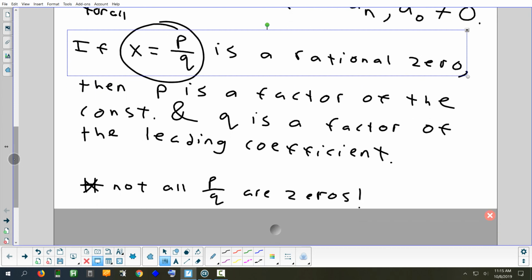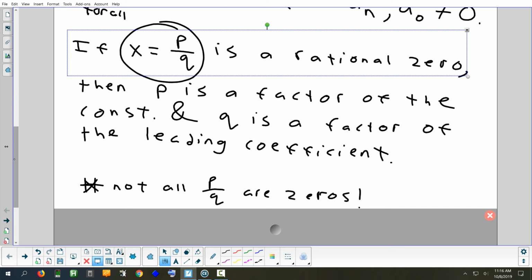Now, what we're going to be doing here is basically generating a list of possibilities. Unfortunately, this theorem doesn't really narrow down which ones are correct. This theorem gives you a list of options. That's all that this theorem does. It's up to you now to look at that list of options and say, okay, here's the one that's actually correct.